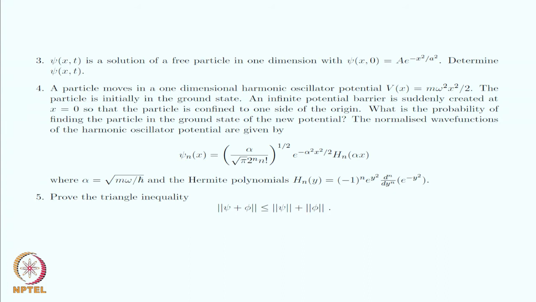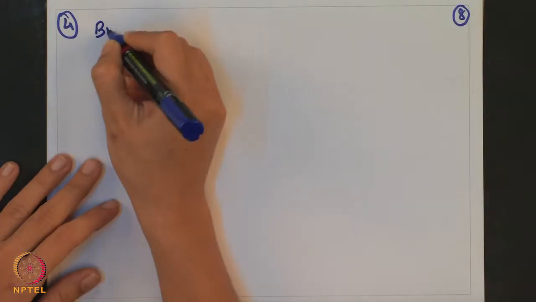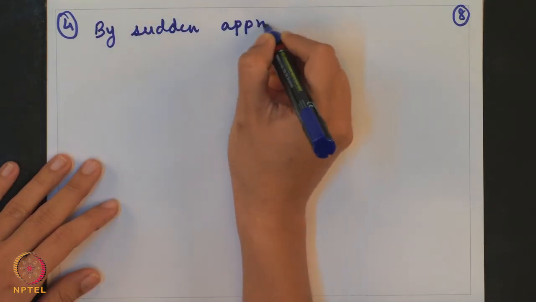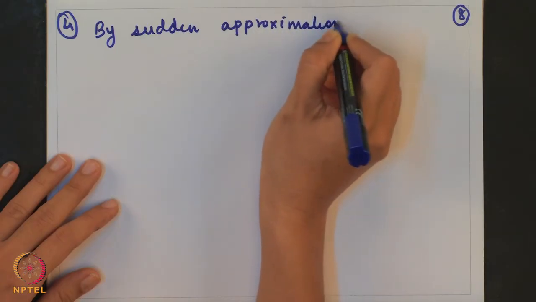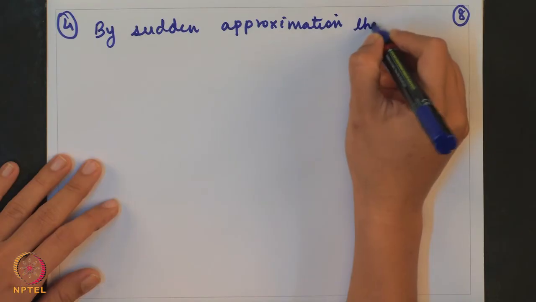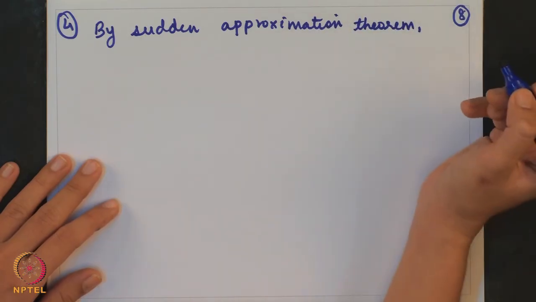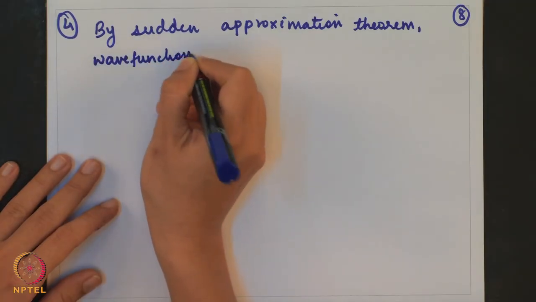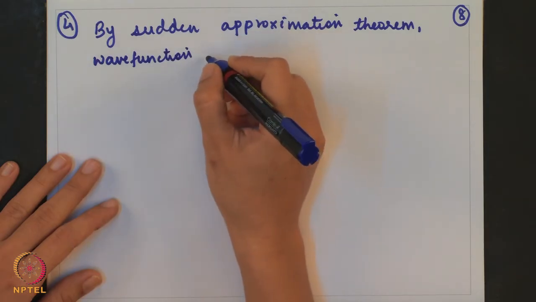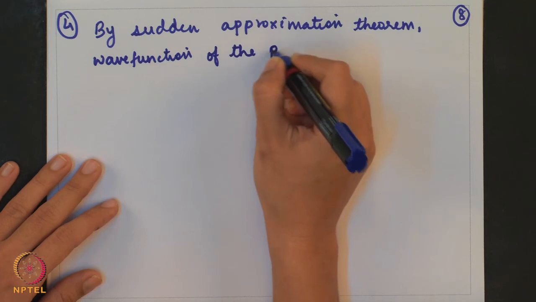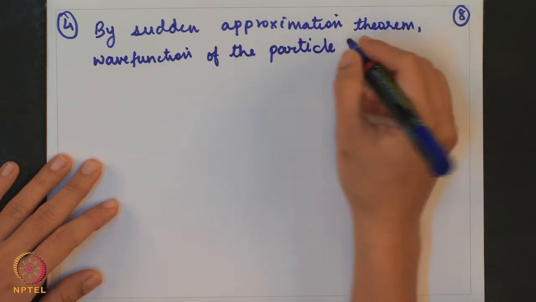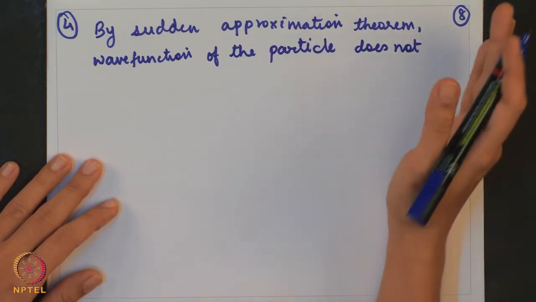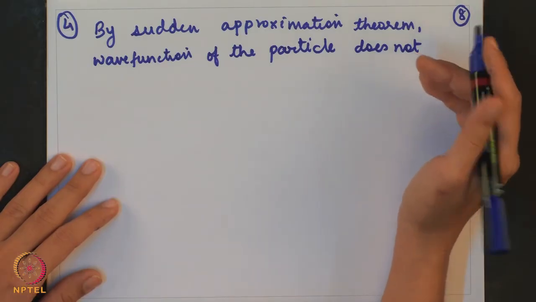Now, by the sudden approximation theorem, what we can say is that the wave function of the particle does not change with this sudden creation of the infinite barrier potential.